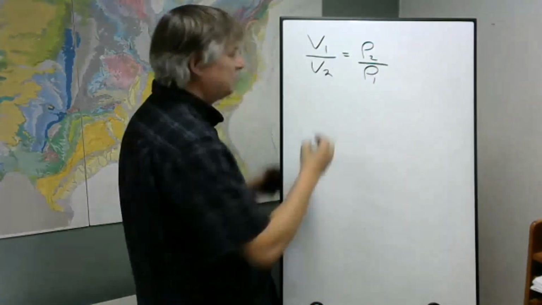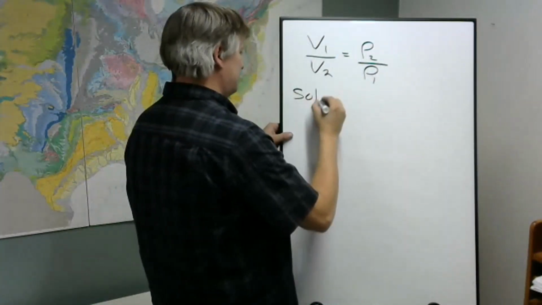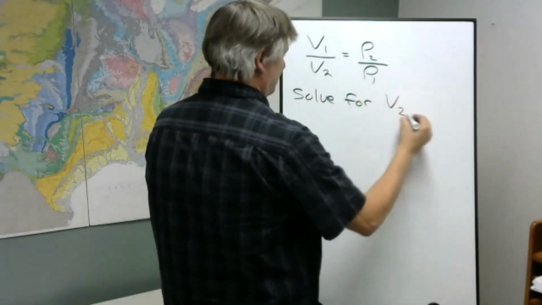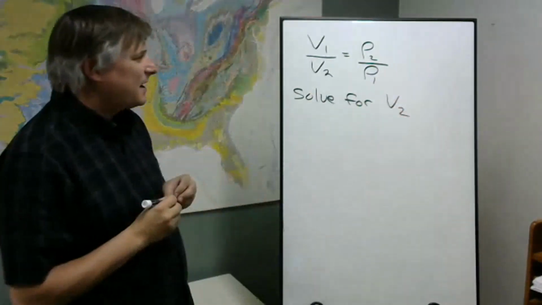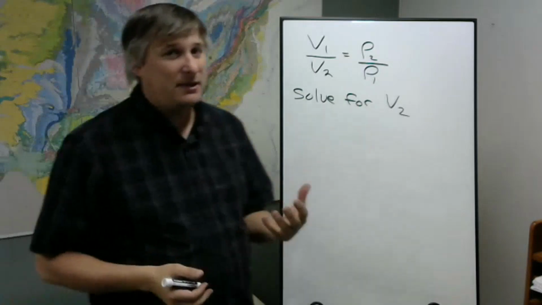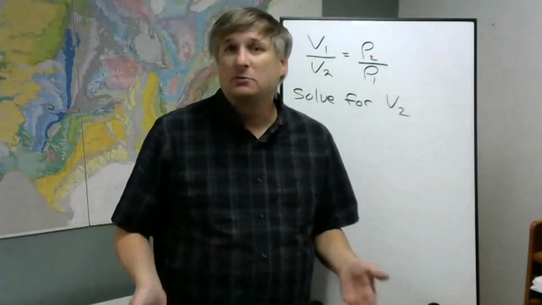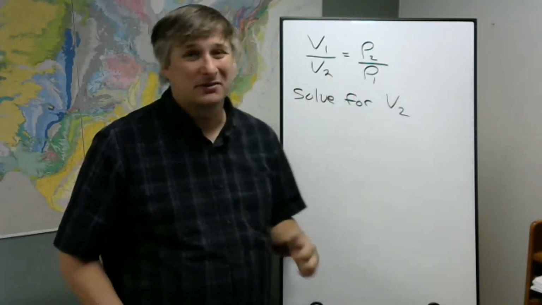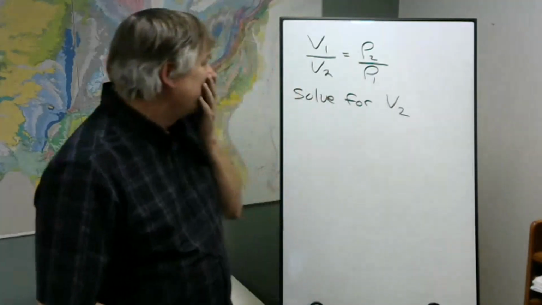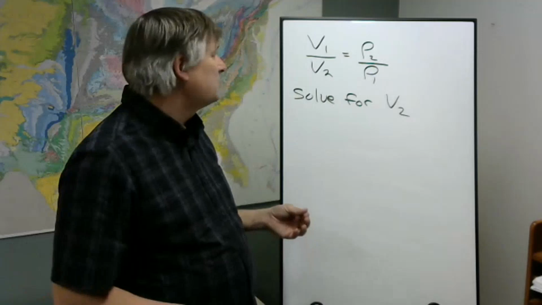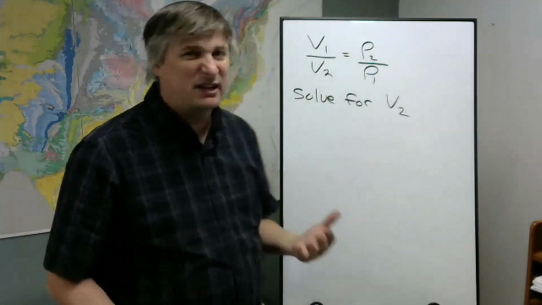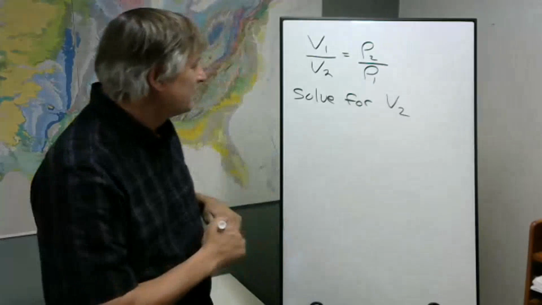And let's solve for v2. Now, for something like this, I think the easiest approach, again, we want to isolate v2 ultimately, is let's try to get rid of these denominators. That just makes life easier. There's different ways you can do this. You can cross multiply. That'll do it. But let's stick with one of the techniques that we've been working with.